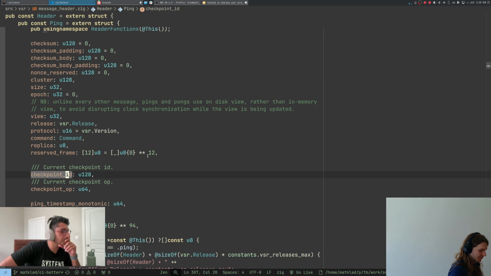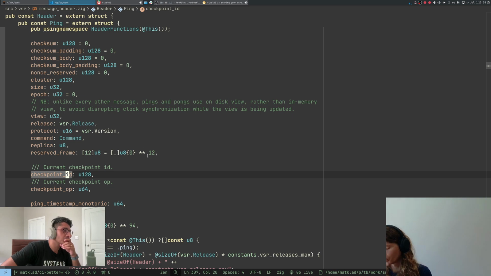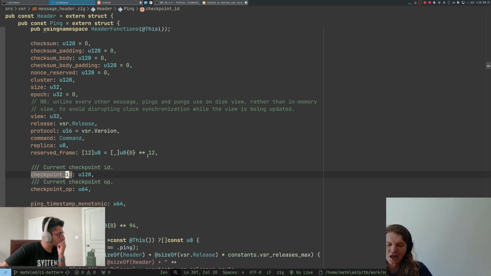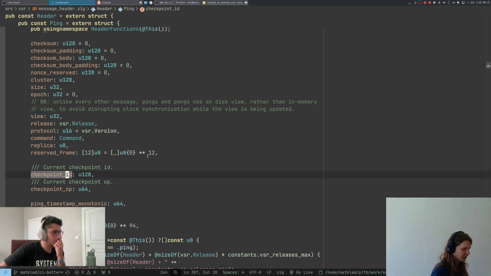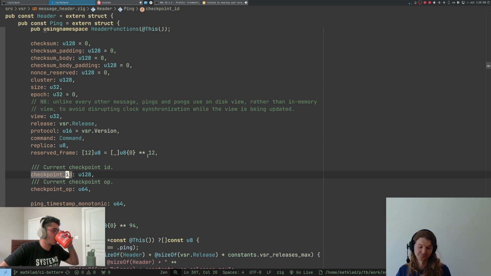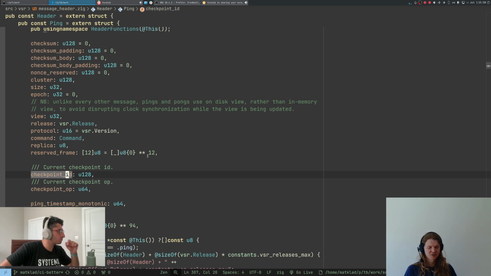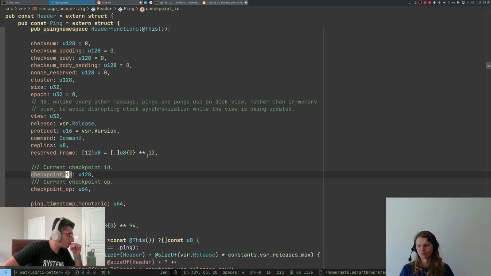So as a replica, you could directly track which of your peers are on the current checkpoint. And if you understand that this checkpoint is committed, then you could stop preparing those old checkpoints, which I think is actually the right thing here.